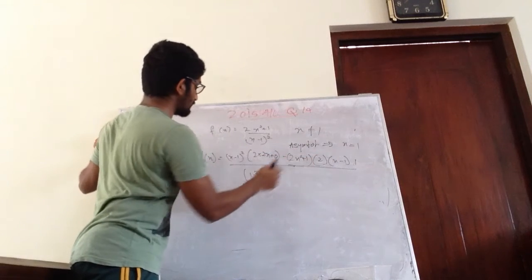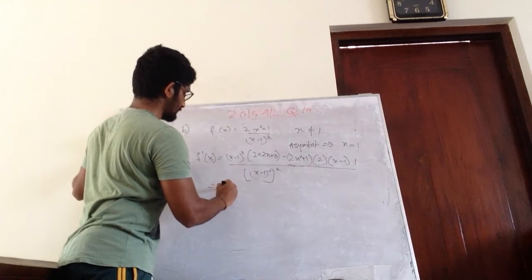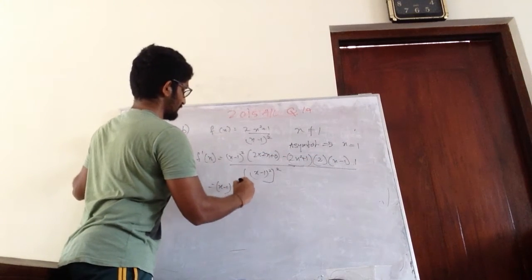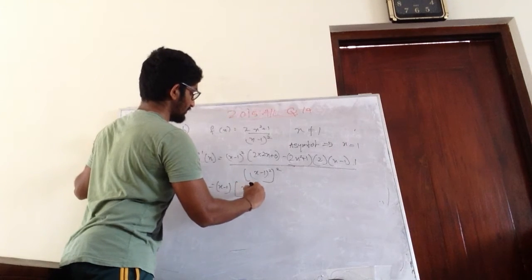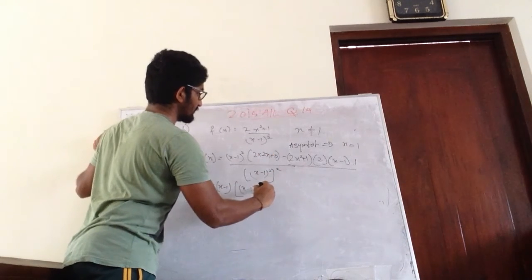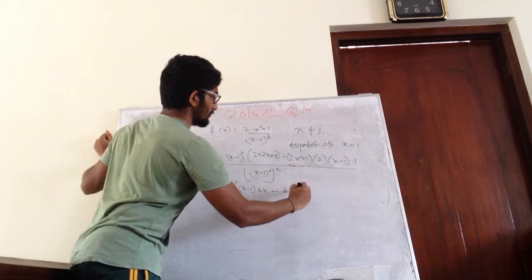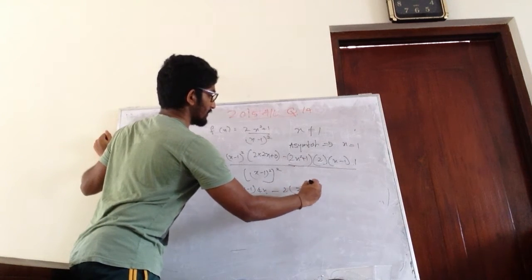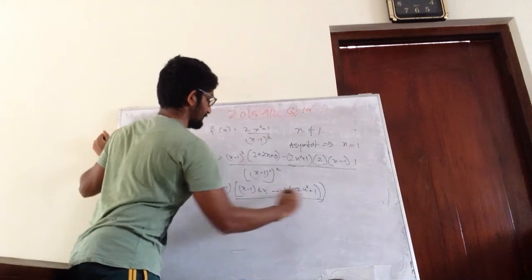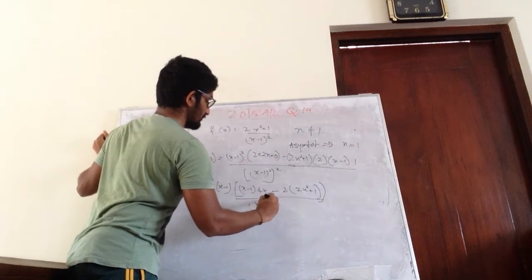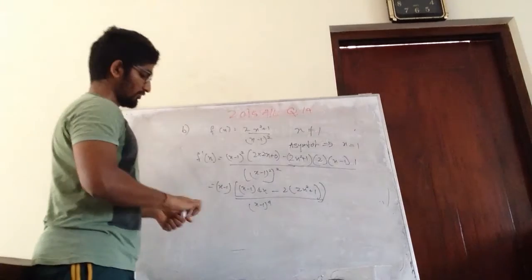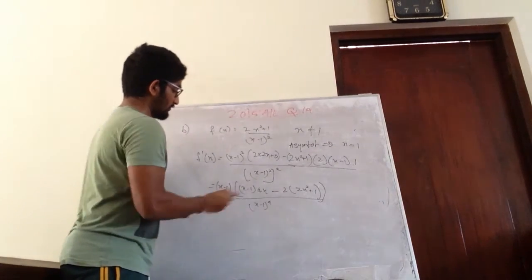Right? Then basically x minus 1 is common, so I am going to take that out. Then x minus 1 is remaining. Then there's 4x minus 2 times 2x squared plus 1, over x minus 1 to the power 4. So I can actually cut one of these off.